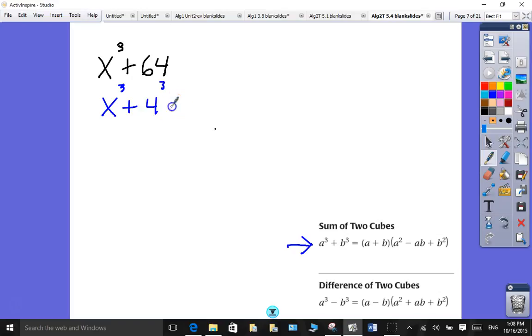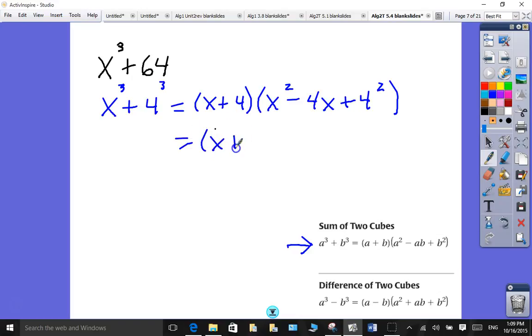And it'll look like this: x plus 4 times x squared minus 4x plus 4 squared. At that point, I'm just substituting for A and for B. But I need to simplify it as x plus 4 times x squared minus 4x plus 16.